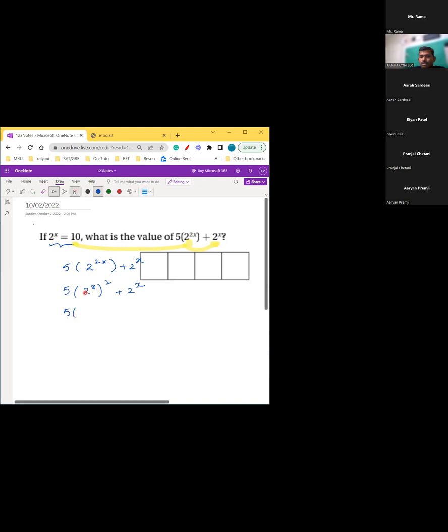Now I know 2 to the x is nothing but 10, so it's 10 to the second exponent plus 10. You guys understand this so far? I'm replacing 2 to the x with 10. Now what I can do is 10 squared. In here, you need to do the exponents first, just like PEMDAS rules.